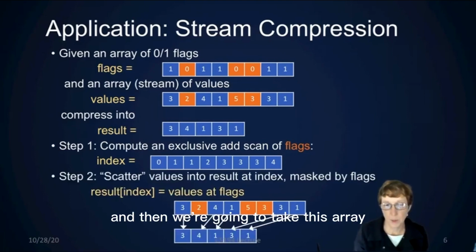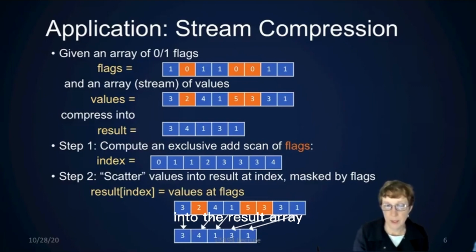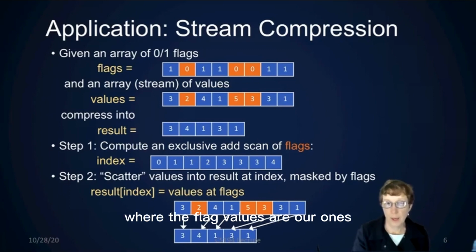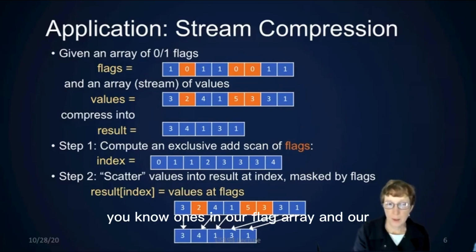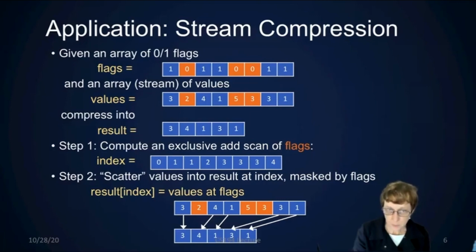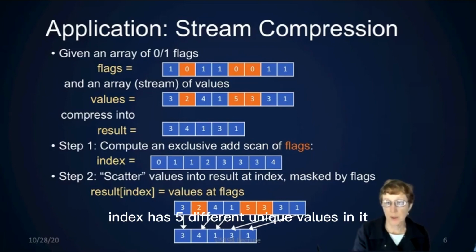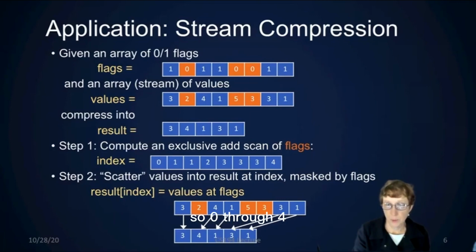And then we're going to take this array and do a scatter of it into the result array. And we're only going to do that where the flag values are ones. So there are 5 ones in our flag array, and our index has 5 different unique values in it, 0 through 4.